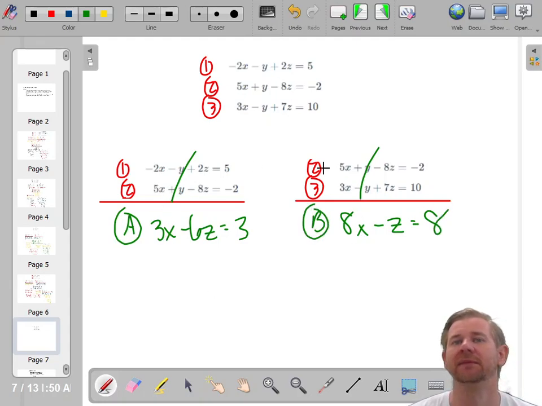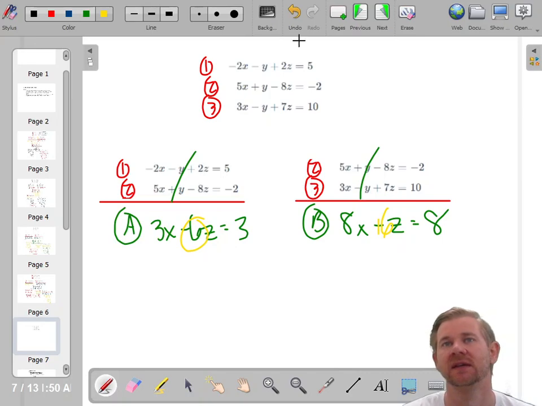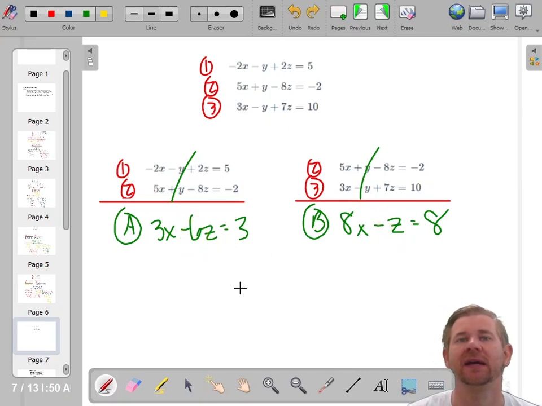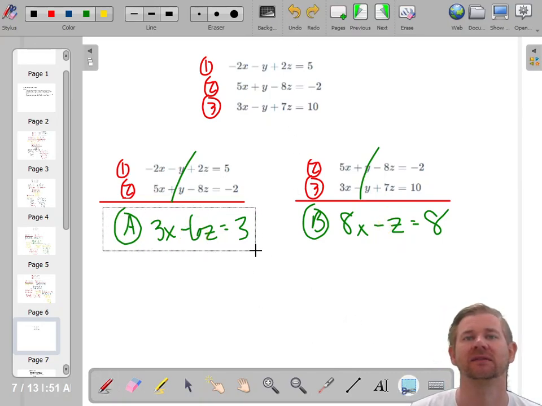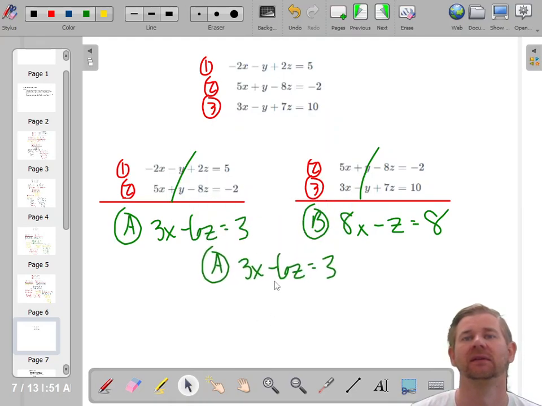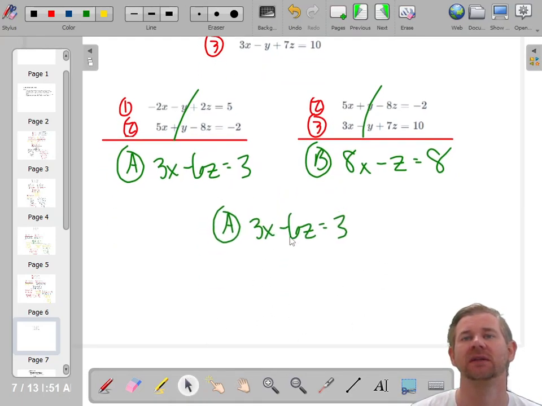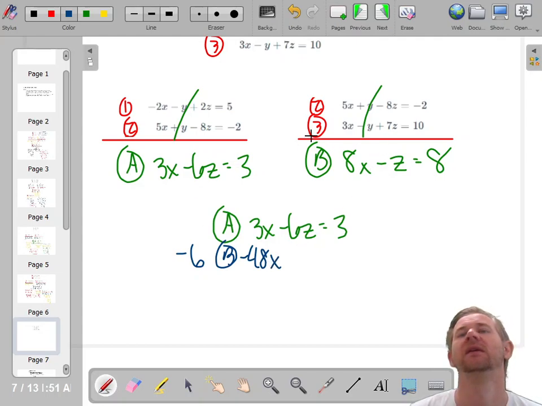3 doesn't go into 8, but I could make this a positive 6. Again, I'm looking at this, I'm thinking that's negative 6. I want this to be a positive 6. So I need to multiply by negative 6. So this is going to be fine. But for the B equation, I'm going to multiply times negative 6. So this is negative 6 times B. 8 times negative 6 is negative 48. Negative 6 times negative 1 is positive 6.